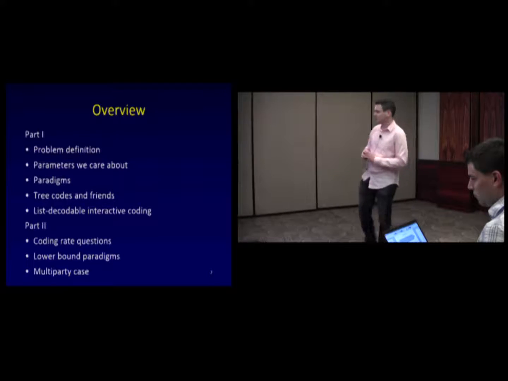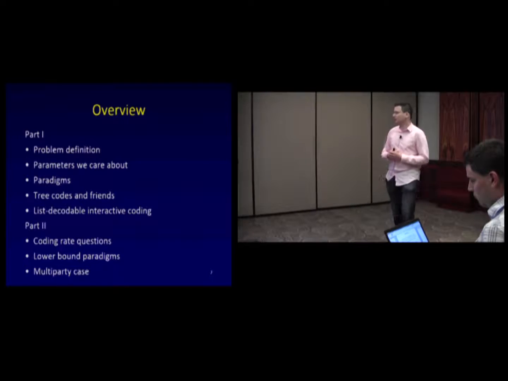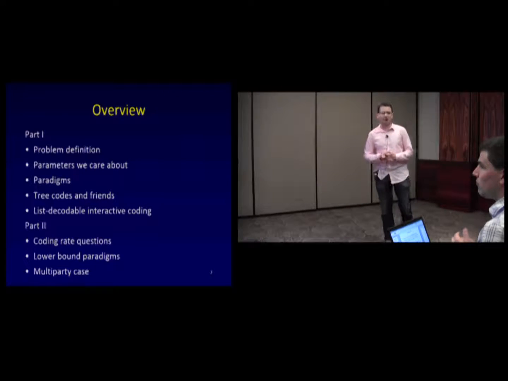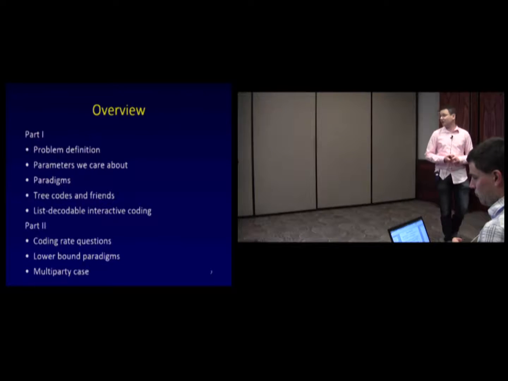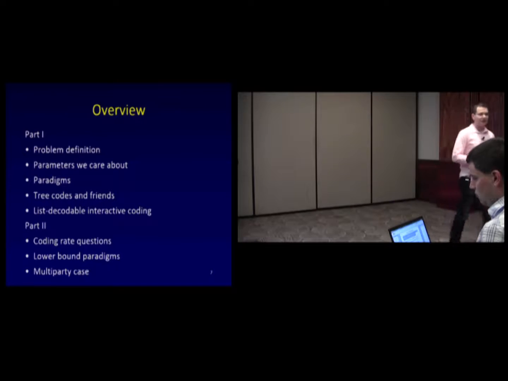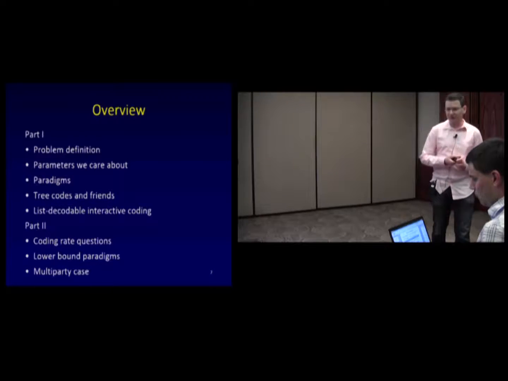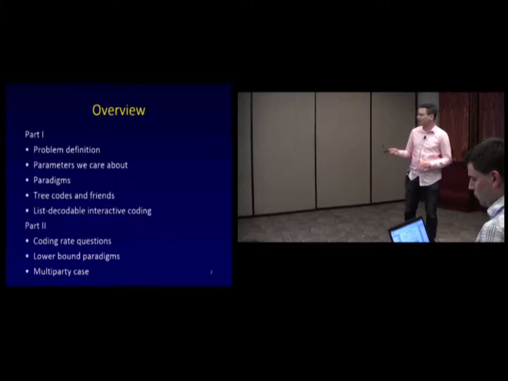some specific questions. So one set of questions is about coding rate, paradigms for lower bounds. So this is FOCS, so a lot of the exciting open problems are actually improving that things are impossible, and understanding how exactly interactive communication and coding for it is different from one-way coding, where many things had been solved a long time ago.